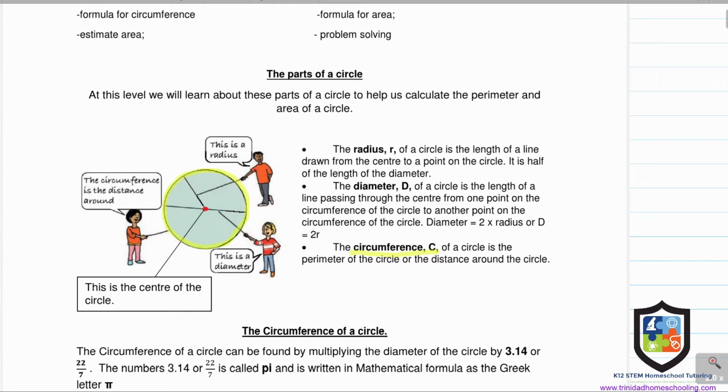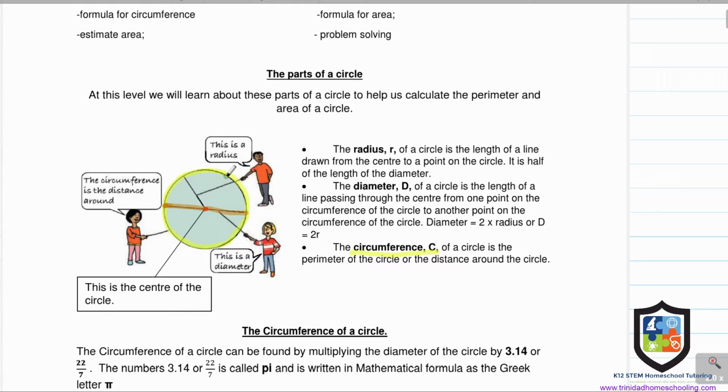Another important part of the circle that we need to identify is the diameter. The diameter of a circle passes through the center. This red dot here is the center of my circle. The diameter passes from one end of the circle, starting from the circumference, passing through the center and touching the other end of the circumference.